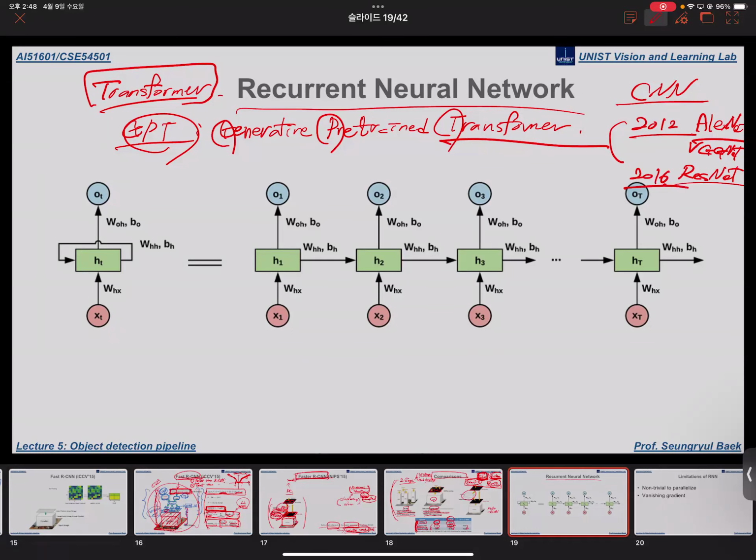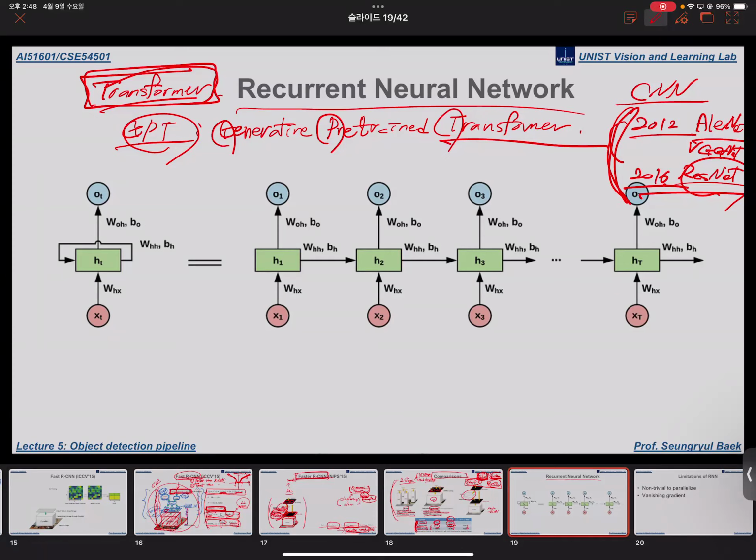And in the year 2016, ResNet came out, and thanks to the residual component, it performs even better than human performance in some of the tasks already. But transformer is nowadays replacing this kind of CNN-based algorithm. And I will tell you about how this transformer is beating the CNN algorithms in object detection tasks.